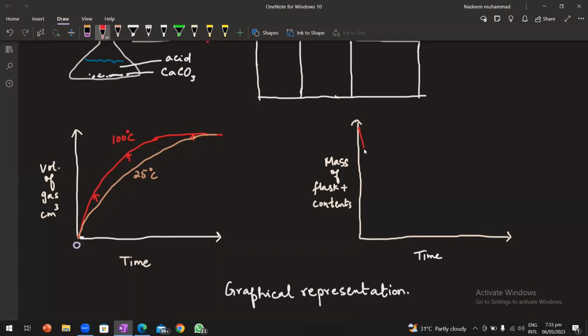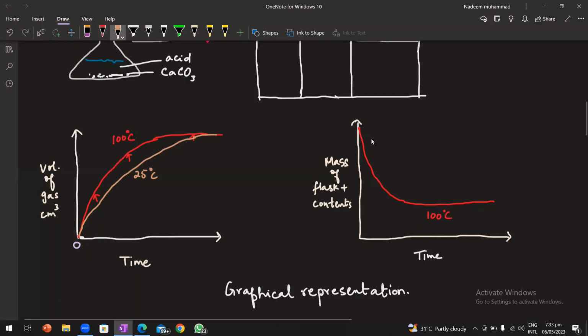The steepness shows that the reaction is proceeding at a faster speed. Now it's getting slower and now the line has become horizontal, or constant, showing that the reaction is no more taking place. So this is the graph that you will get at a higher temperature.